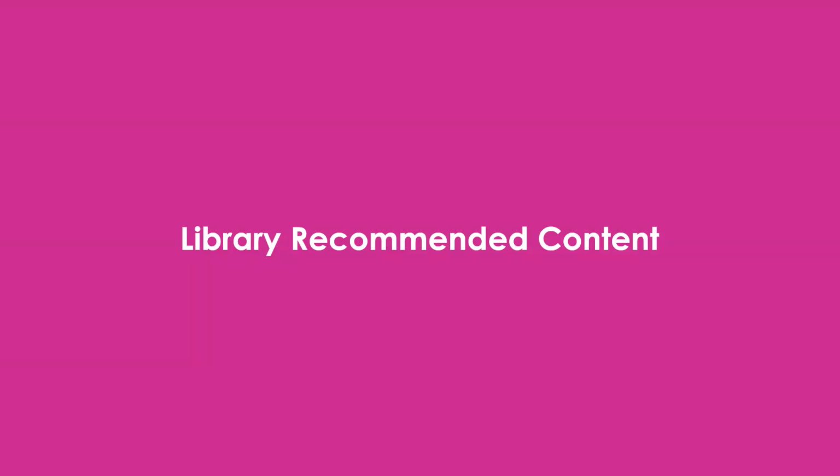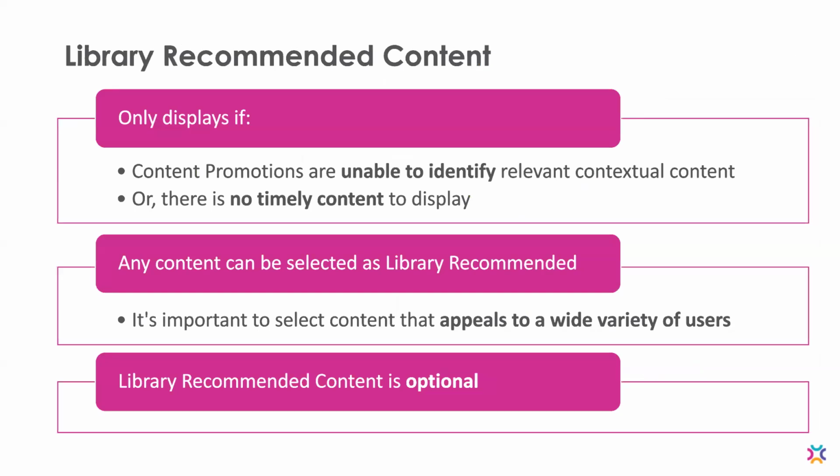And when we were looking at that other library, I showed you an example of library recommended content. So, like I said, you all cannot create content for everything. You just can't. It's impossible. So, if you don't have content, then what happens? Well, we can display library recommended content. And this is optional. You don't have to use it.